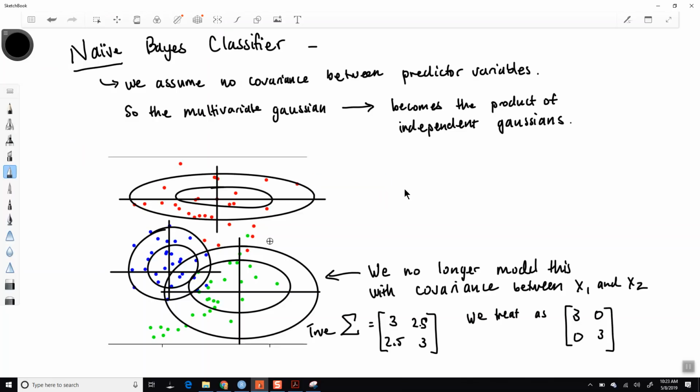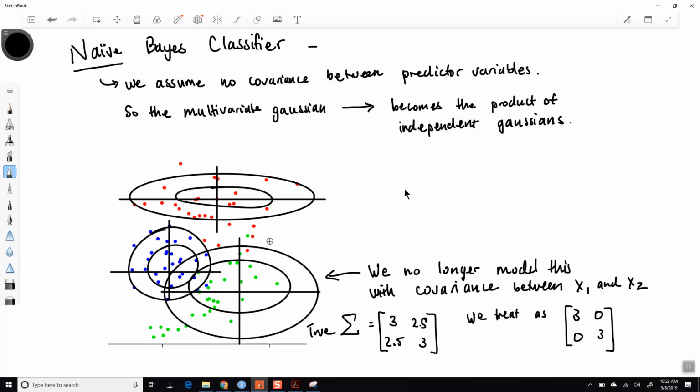So why would we want to do something like this? The ellipse that we fit to the green looks bad because it's assuming there's no covariance and that these things are perpendicular, and we know that's not the case. But the reason we might do this is that it significantly simplifies the number of parameters that we need to estimate.